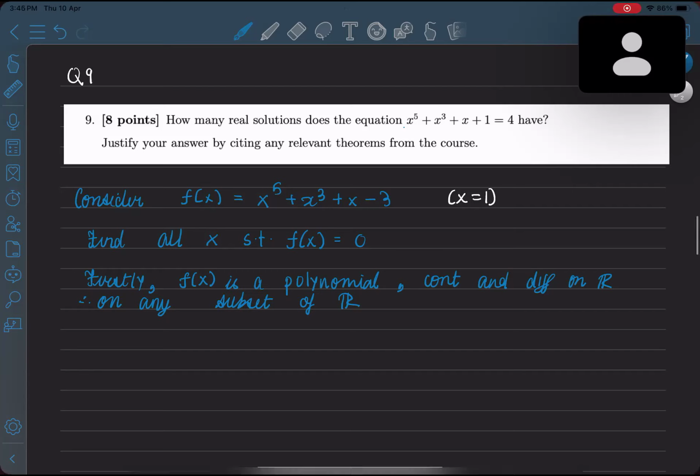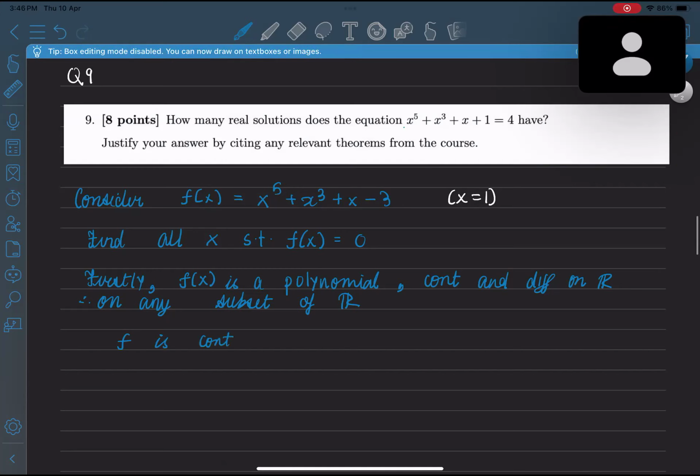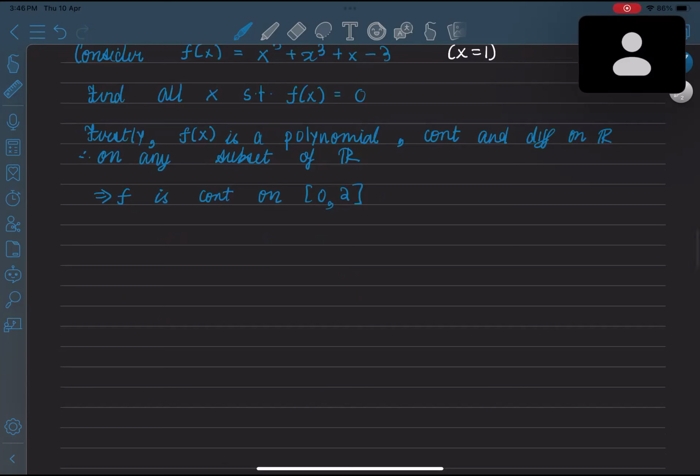So f is continuous on both 0 and 2. And what this essentially implies is if you look at f of 0, it's going to be minus 3. And f of 2 is going to be 2 to the 5 plus 2 to the 3 plus 2 minus 3, which is going to be 39.